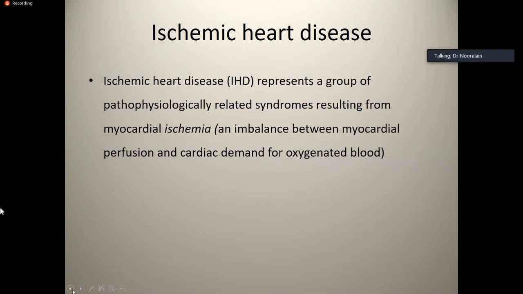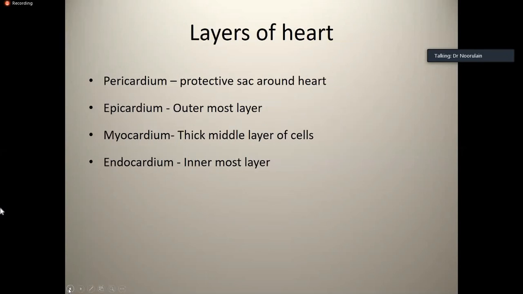Okay, what is ischemic heart disease? Can anyone tell me what is ischemic heart disease? What is your concept about ischemic heart disease? Can anyone answer me in the chat box? What is ischemia?